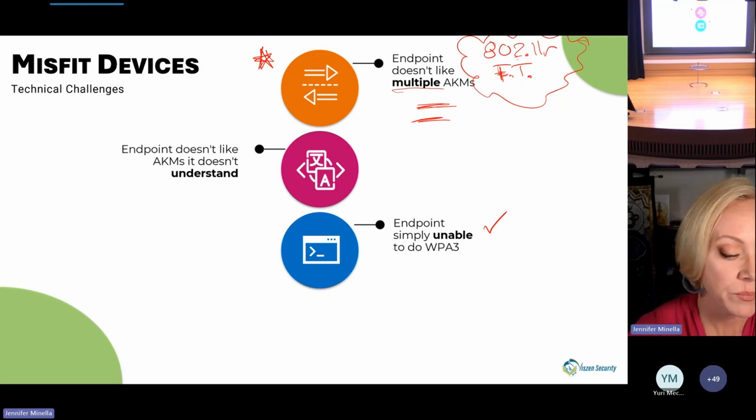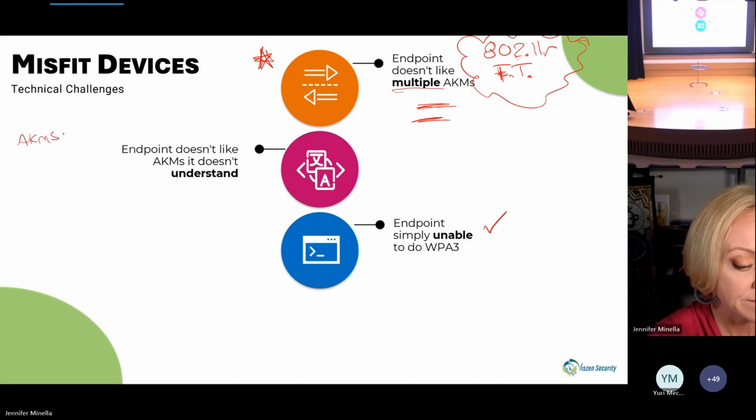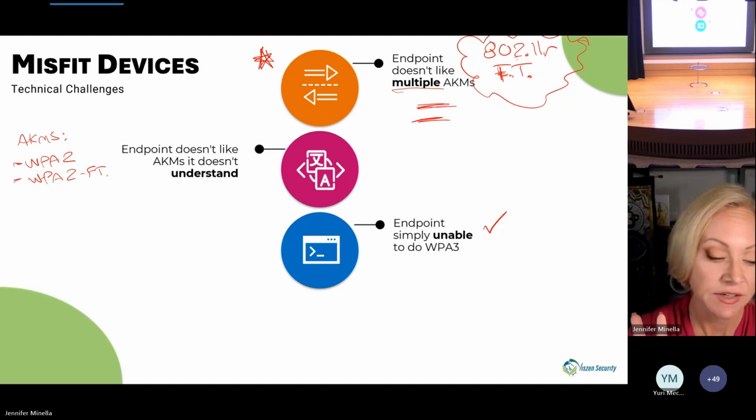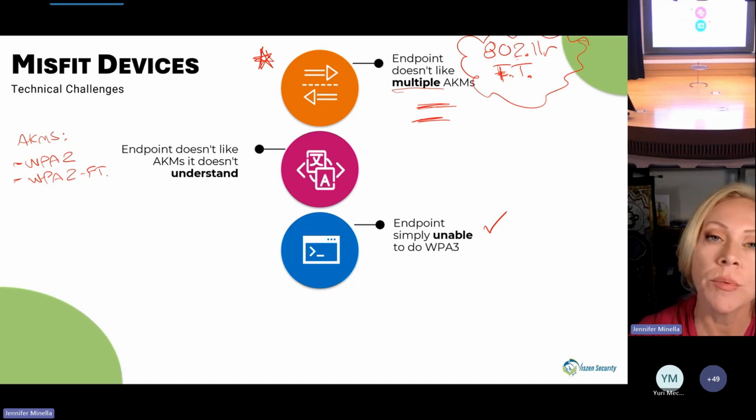And so in the world of the advertisements, we might have an AKM for, let's say we had WPA2, and again, I'm talking about a passphrase network here, and then we had a WPA2, so these are going to be PSKs, right, with FT. That's 2 AKMs, and the endpoint goes, okay, no problem, right? We've worked past this.